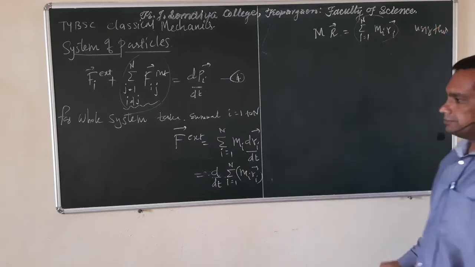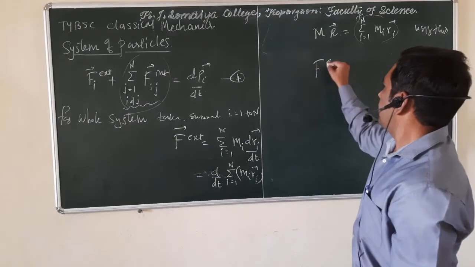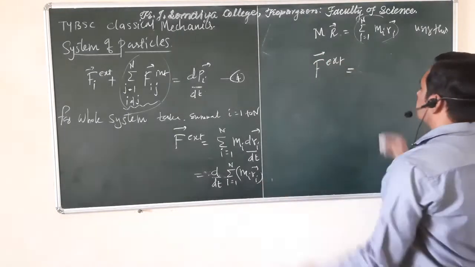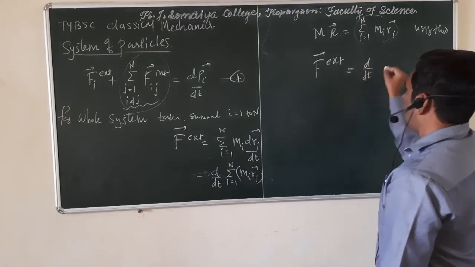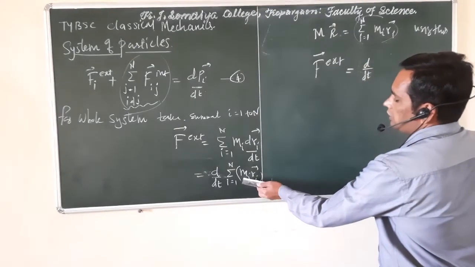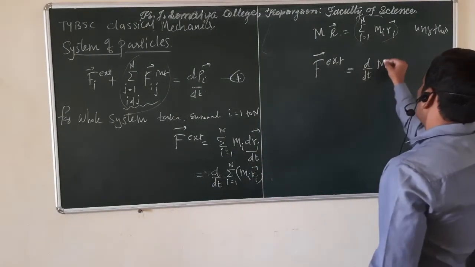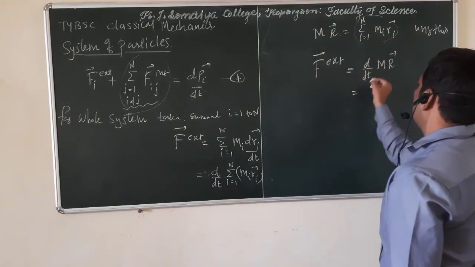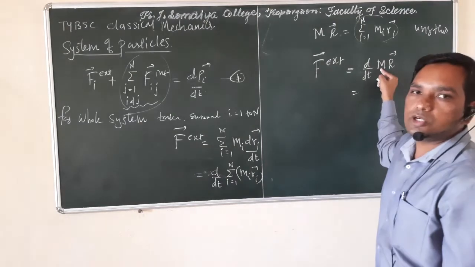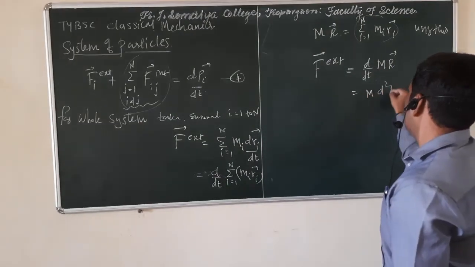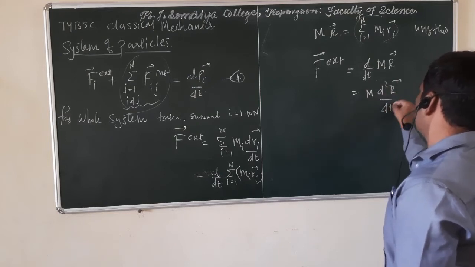what will we get? F external is equal to d by dt of, instead of the mi ri summation, we can write this as M into capital R. This capital M is the total mass, which is constant, so M d2r by dt square.